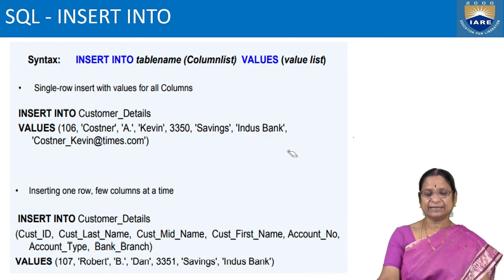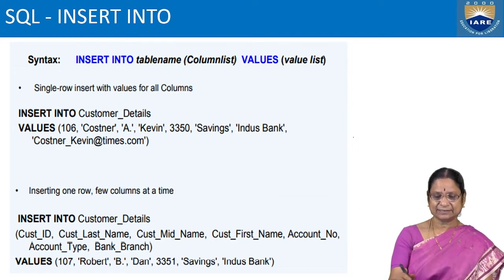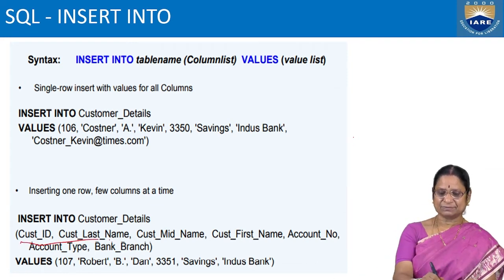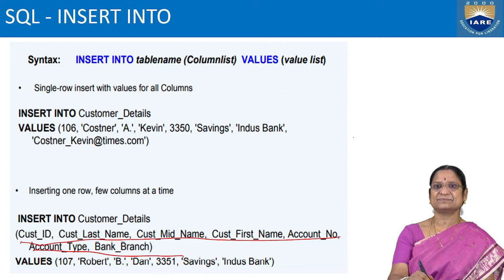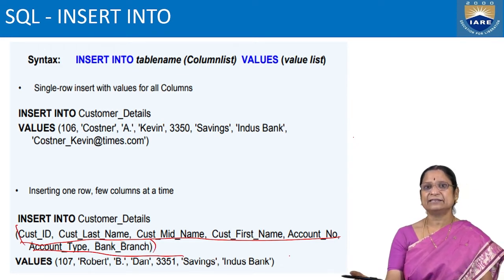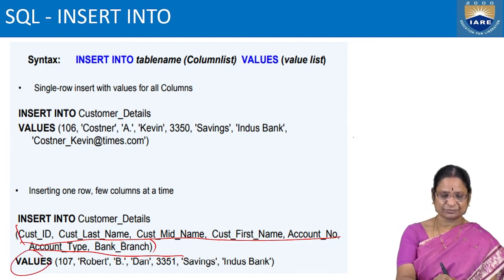Now for a few columns at a time, as we discussed earlier, this is the syntax we are using: insert into a table name. Since it is a few columns, the column names must be there, the list of columns in parentheses first. You observe, in the same order, the list of values in another parenthesis by using values.